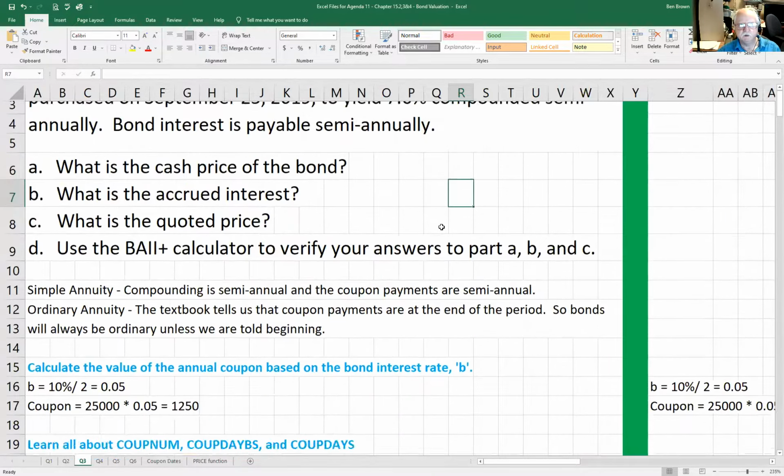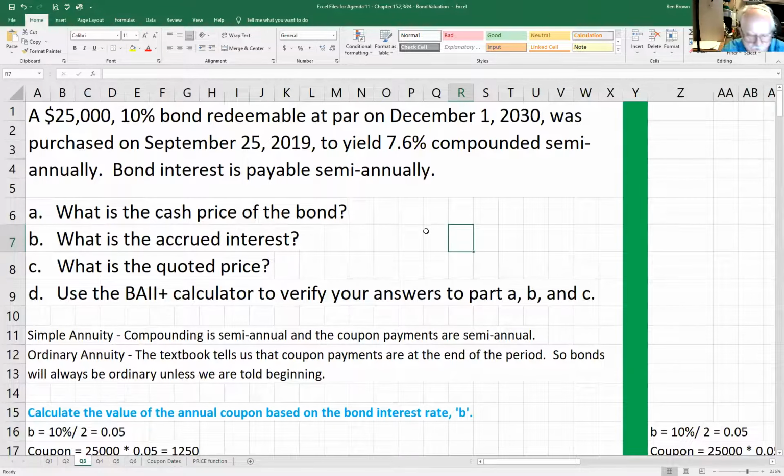So in this case, we were told that the date that this bond matures on is December 1st, 2030. But the date it was purchased on, which is what they call the settlement date, is September 25th, 2019.